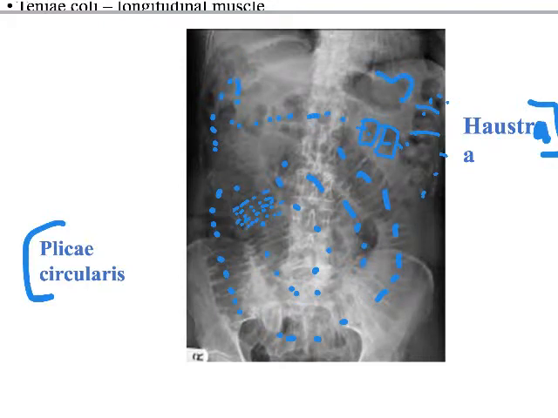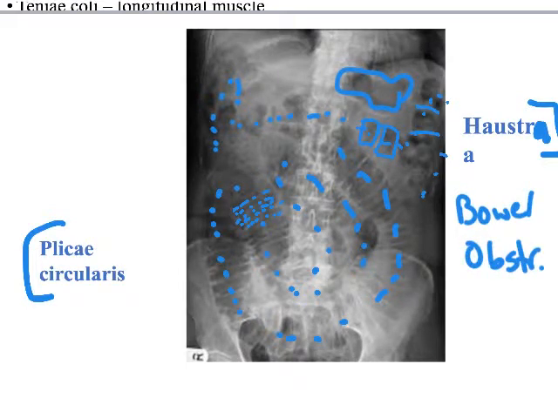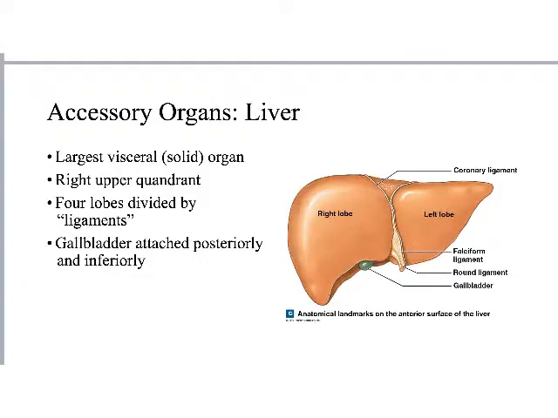This bubble here is probably in the stomach. You're supposed to see air in the large intestine, that's normal, but you should not see so much air in the small intestine like we see on this picture. This patient probably has a bowel obstruction, and so the air and the stool is backing up into the small intestine, and you can see it. So haustra on the large intestine and plicae circularis on the small intestine.